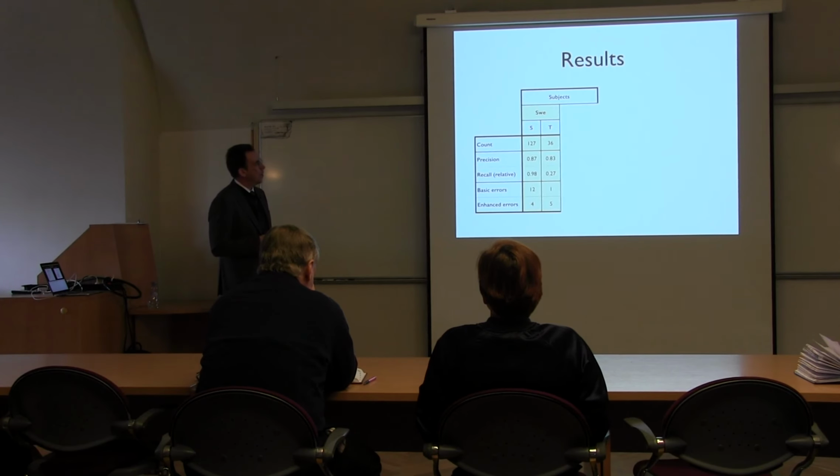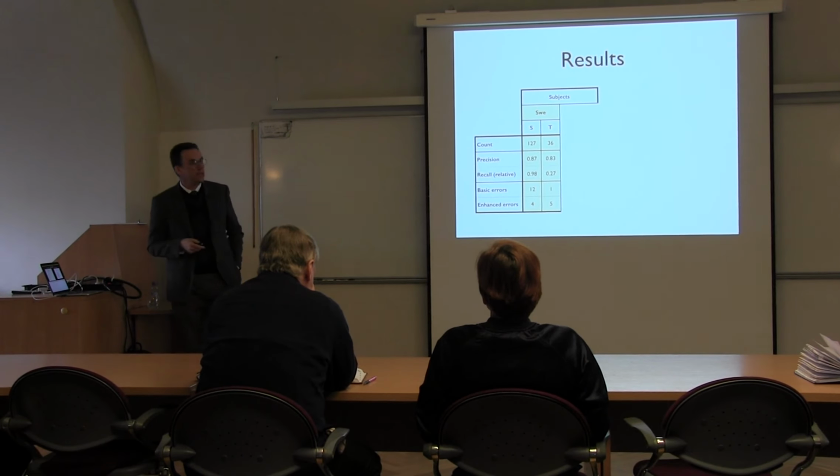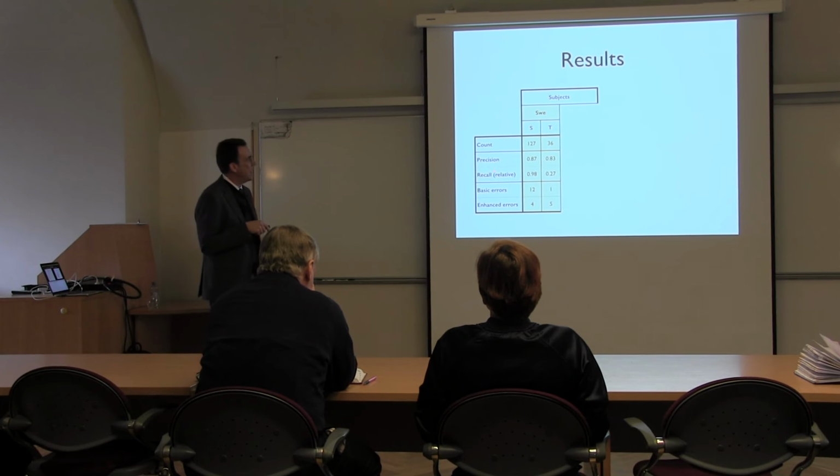All right, so if we start by looking at the subjects, and we look at Swedish first, S is for Stanford, T is for Turku. For subjects, we can see that the Stanford system predicts many more subjects.